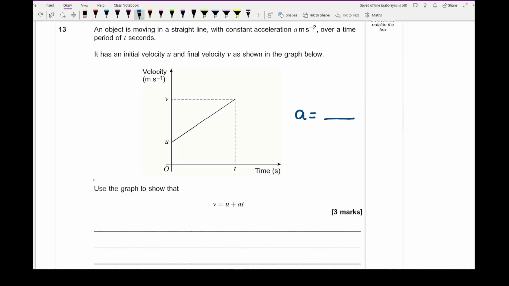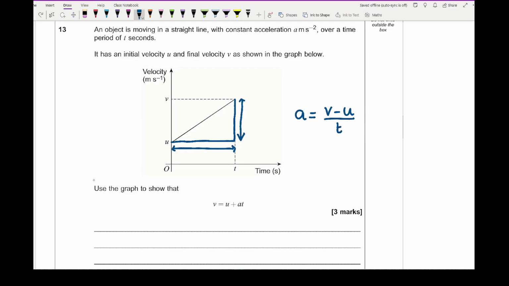Now the change in the y direction is the difference between v and u, and in the x direction we're looking at the difference between t and 0, and t subtract 0 is t.